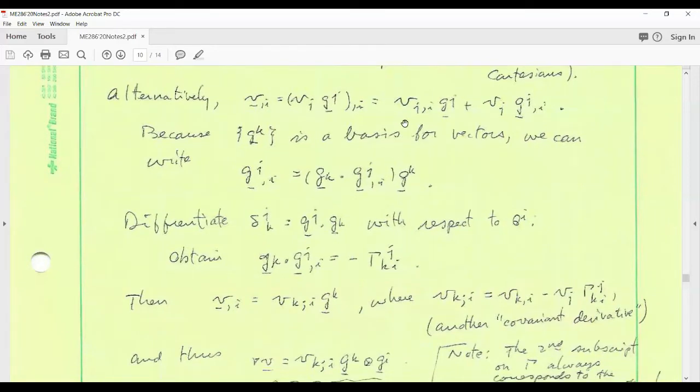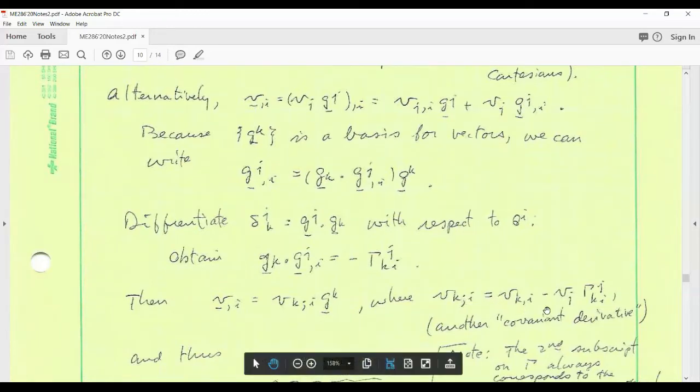And if we put everything together in this expression, using this representation now with a minus sign, we get an alternative expression for the derivative of the vector in terms of this collection of terms. We'll call this v_k semicolon I, v subscript k.